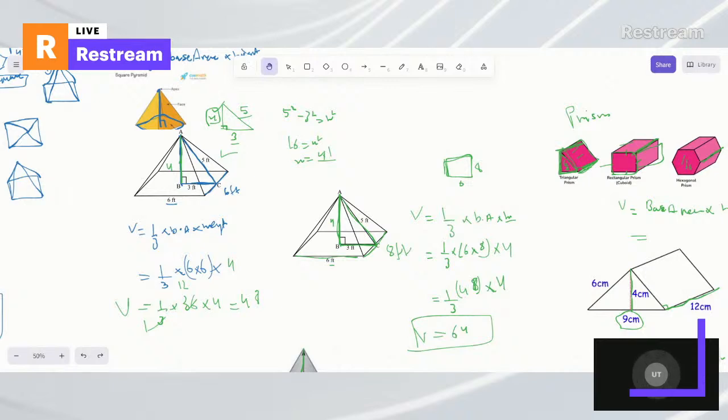In the next class, we're going to start off with some past paper questions on the volume of 3D shapes, and then move on to the concept of total surface area. Is there anyone who does not understand this? Kindly feel free to ask me.